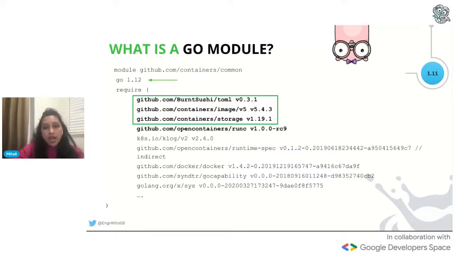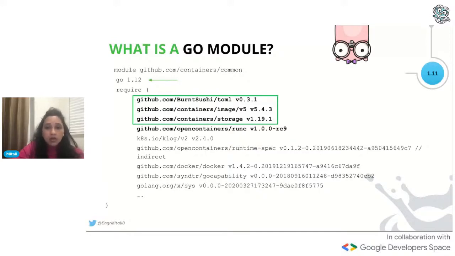Now, Go prefers to have semantic versioning as the versioning system. What is semantic version? It should be in the form major.minor.patch. Whenever there are incompatible changes, we should bump up the major version. If there are compatible changes, we should bump up the minor version. And if there is a bug fix, then we should bump up the patch version.